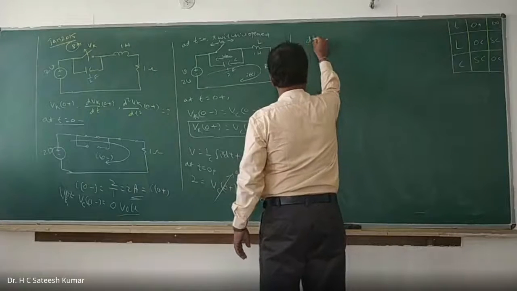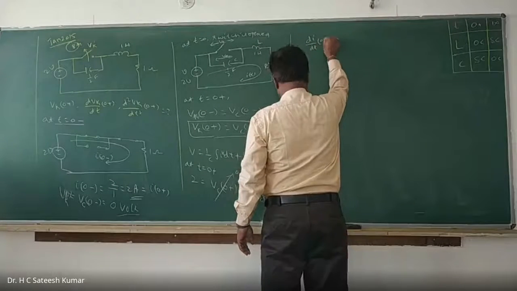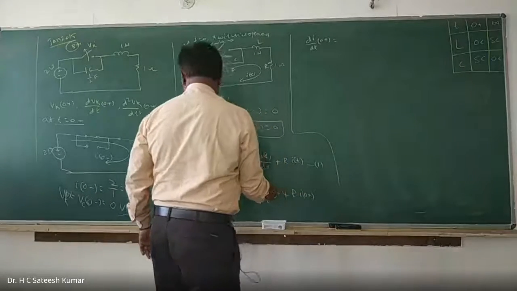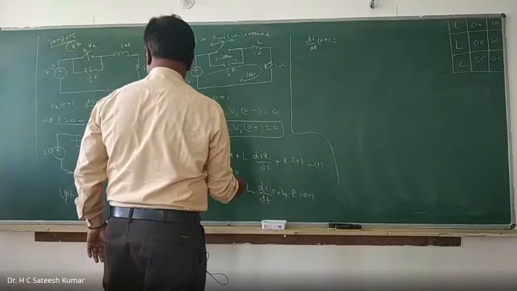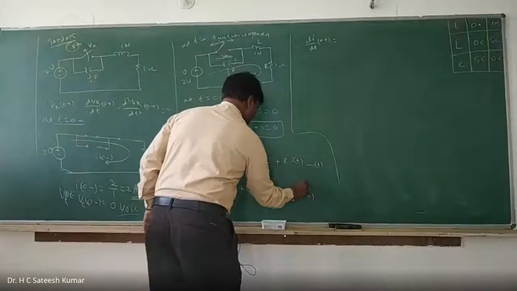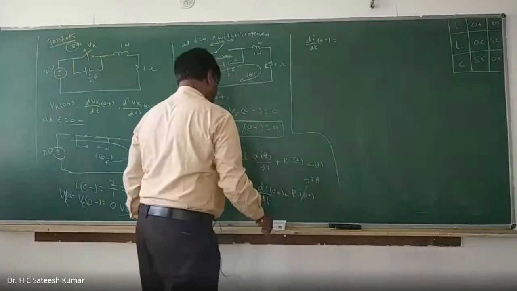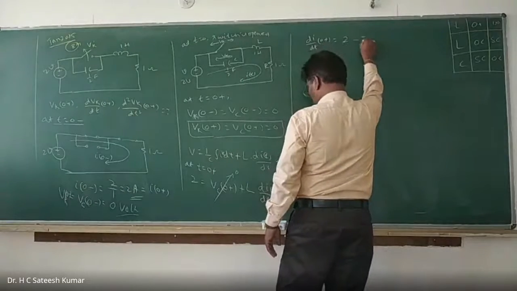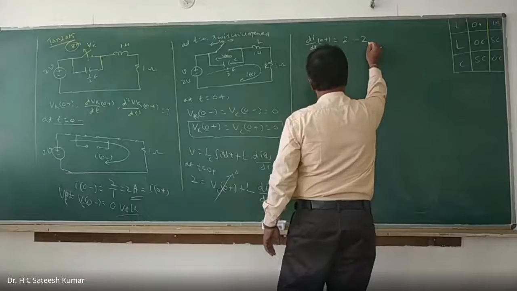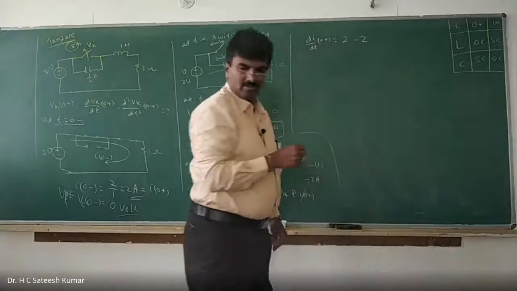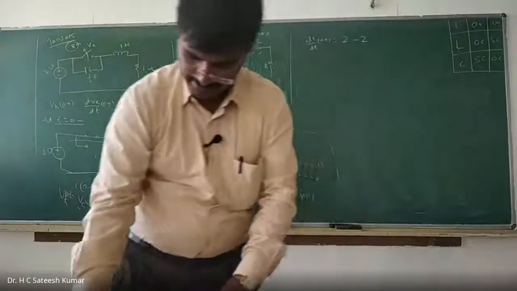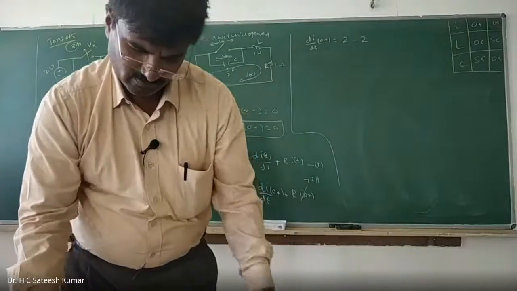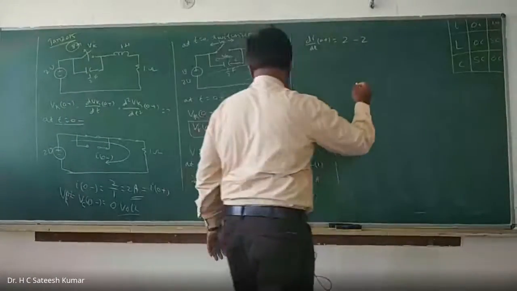Therefore, di by dt 0 plus is equal to what? Vc0 plus is 0, and I0 plus is 2 amps. So now you can write it: 2 minus 2, which is equal to di by dt 0 plus, is equal to 0.